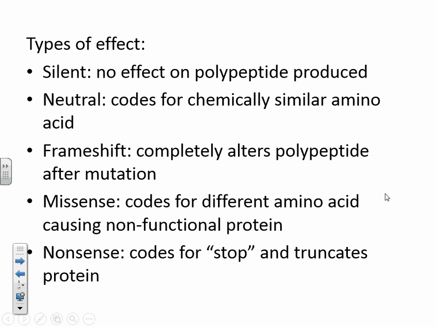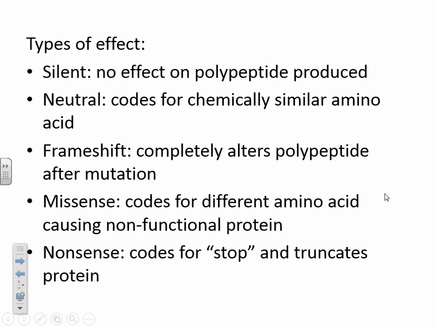Okay. Now, the sorts of effects that we might see as a result of mutations, which we should now be able to identify from the examples you've done: some of them are described as silent, and a silent effect means that the polypeptide is still the same. You are probably producing exactly the same amino acid, just using a different triplet.